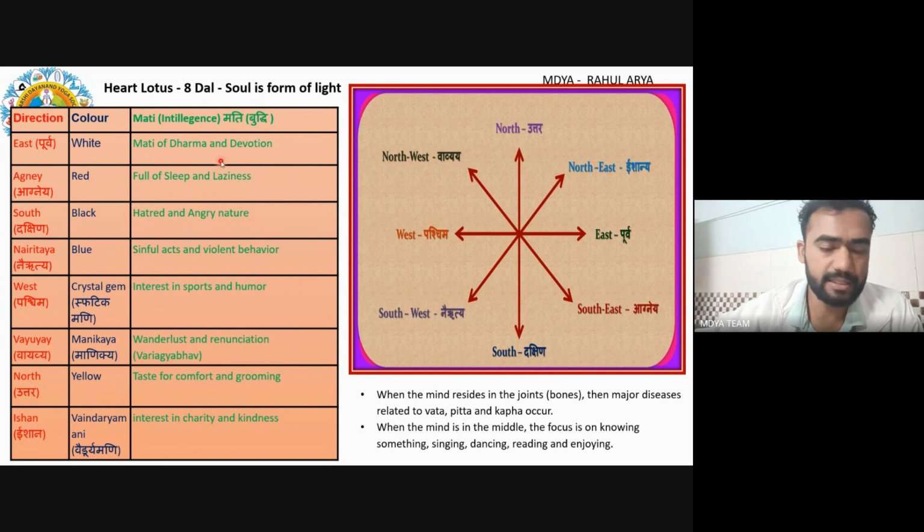If you meditate on the southeast, Agni, between the south and the east, then you will feel full of sleep and laziness. And if you meditate at the south direction of the heart, then hatred and an angry nature you will get.